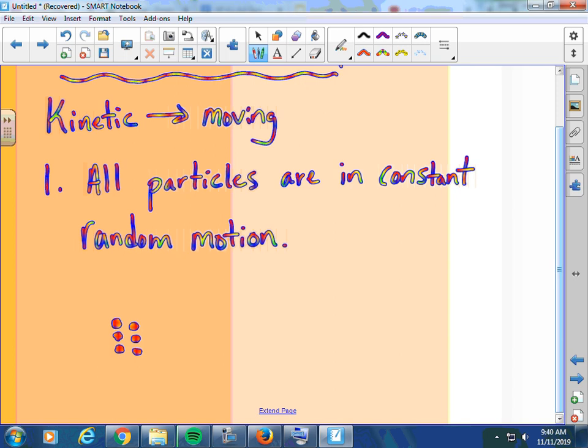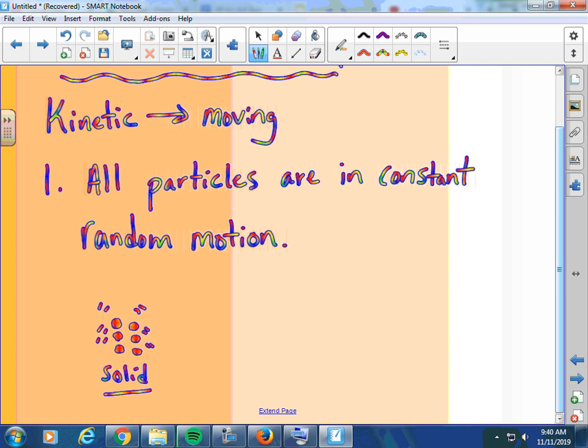We show that these are in motion by just putting little quotes around them. We learned about doing arrows, which we call motion lines, but that's only if the particles are actually changing position. So that would be solid. A lot of people forgot that, even though I said this is exactly what you need to do.